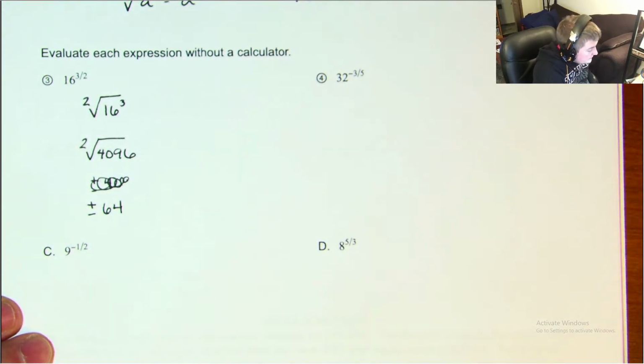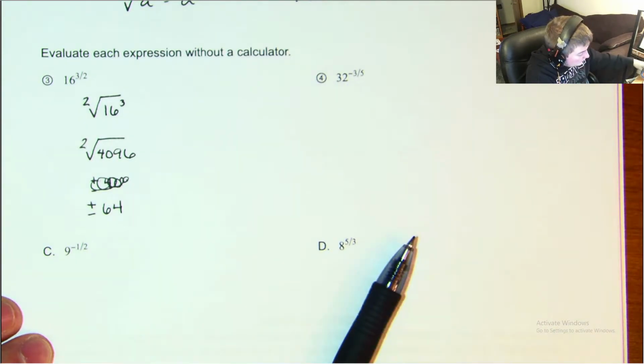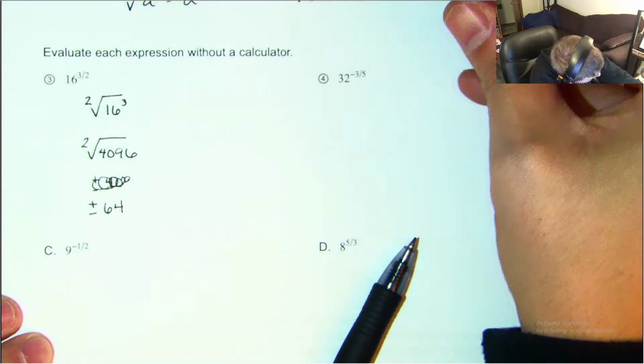Okay. So then when I look at a problem like 4, I have a negative exponent. So we're going to have to recall some things about negative exponents.